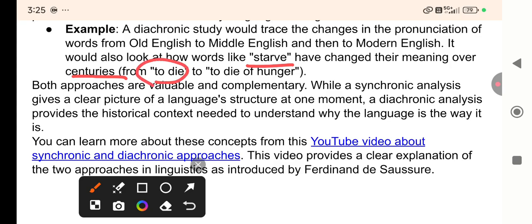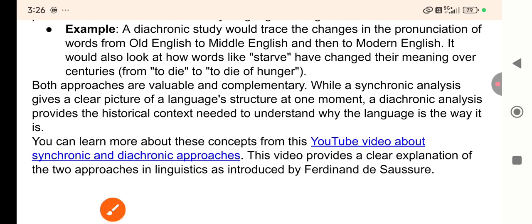Earlier, "starve" meant to die, but with the passage of time the meaning has changed, and "starve" now means to die of hunger. This is how meaning has changed. This approach is called diachronic study.